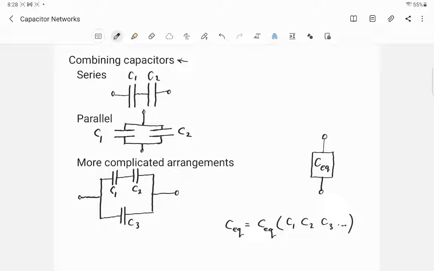And by network, I mean various different combinations of capacitors. So combinations of capacitors and capacitor networks indicate the same thing.